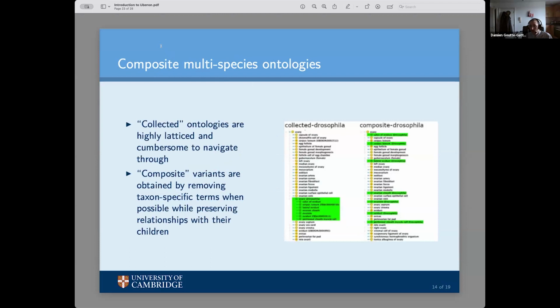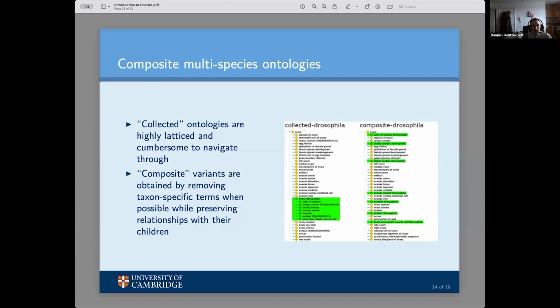Now, the other kind of product that we provide is what we call the composite ontologies, which are merely intended to address one possible flaw, or maybe not flaw, but at least an annoyance of the collected ontologies, which is that collected ontologies are highly latticed and can be a little bit cumbersome to navigate.